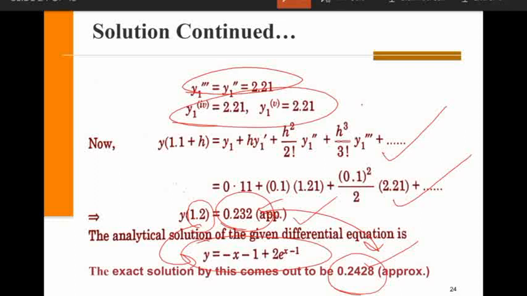So this shows that if you use the Taylor series method, you can get good values. Not exact, but okay, 0.232 is near to 0.2428, and when we solve physical systems, then approximate values are good enough.